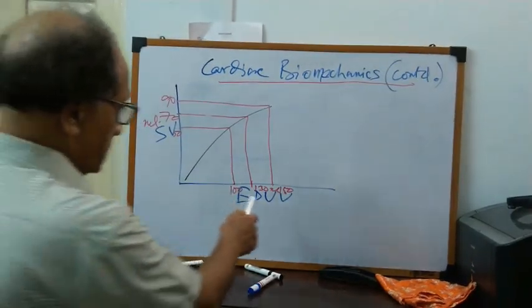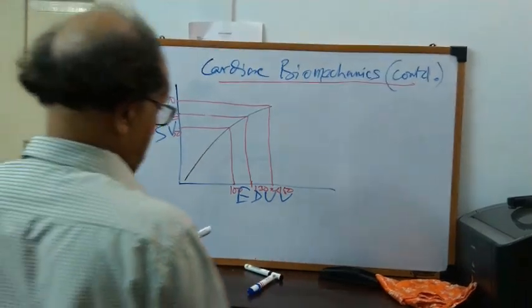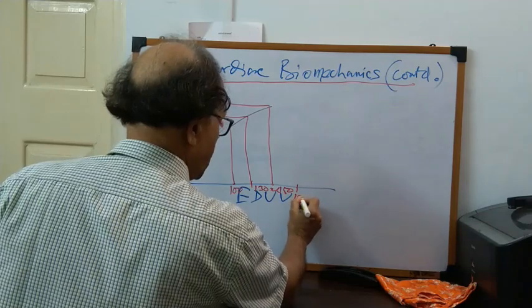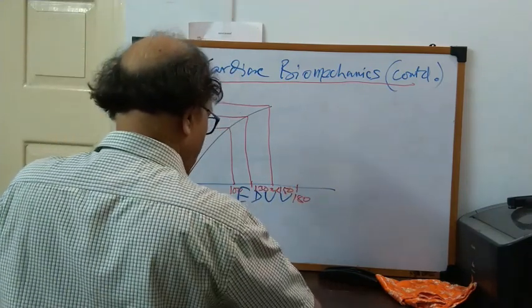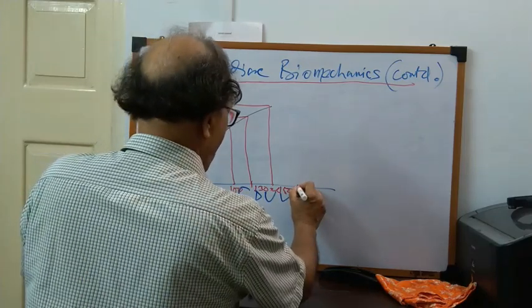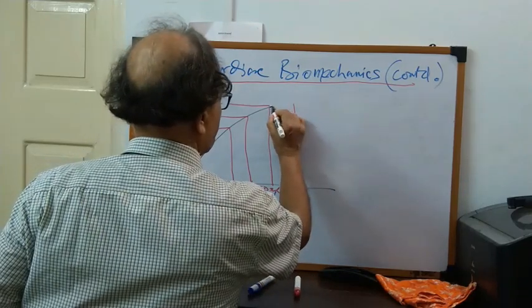Suppose the end diastolic ventricular volume is increasing further and further. Now if the end diastolic ventricular volume becomes 180 ml, what will happen? It will no longer operate on the ascending limb. Now it will operate on the plateau level.